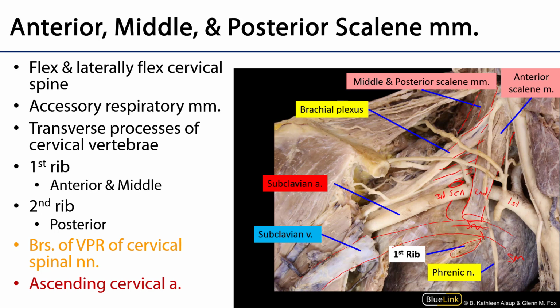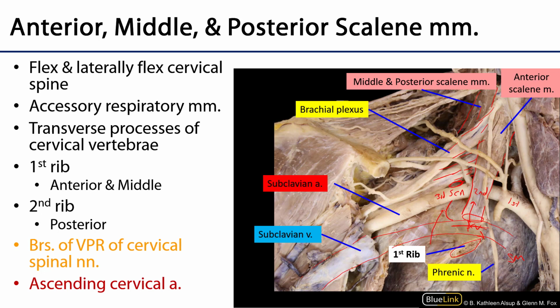Now, because these muscles go between the neck and the ribs, they have dual uses. So in addition to being able to variably flex the C-spine, if the neck is stationary, when these muscles contract, they can elevate the first and the second ribs.